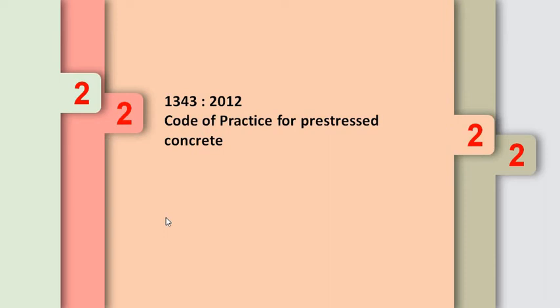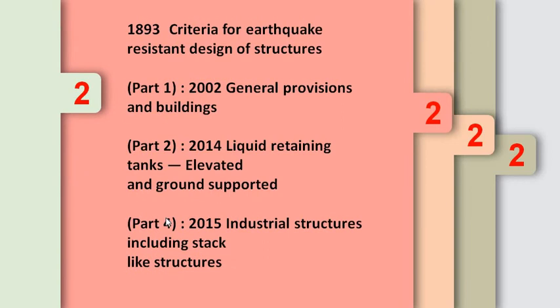All these references are used in this code. Then 1893, criteria for earthquake resistant design of structures, that is part 1, part 2 and part 4. That means when we are using the code 13920, we are using this code with reference to the other codes.